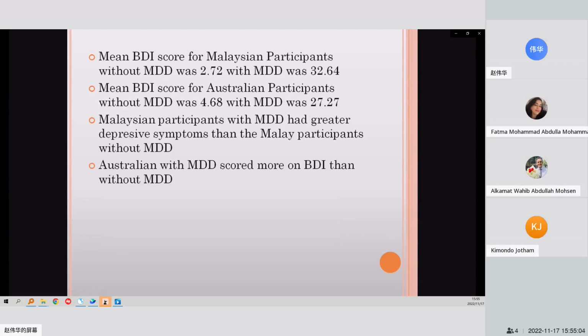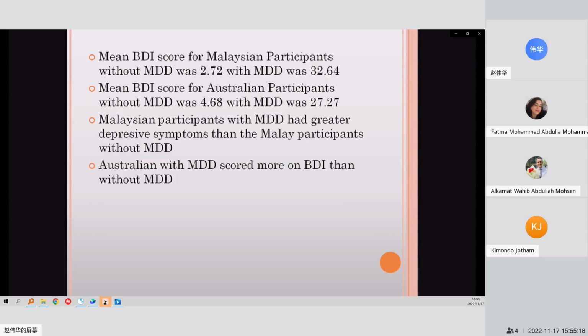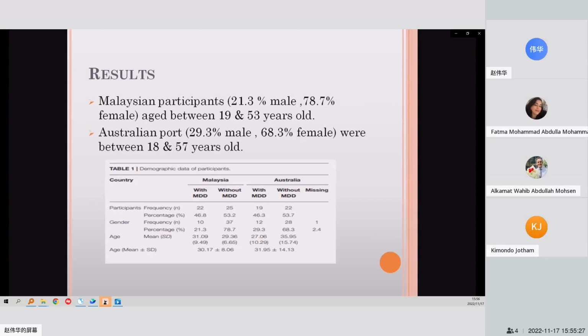The mean BDI score for the Malaysian participants without MDD was 2.72, which is seen here, and with MDD was 32.64.